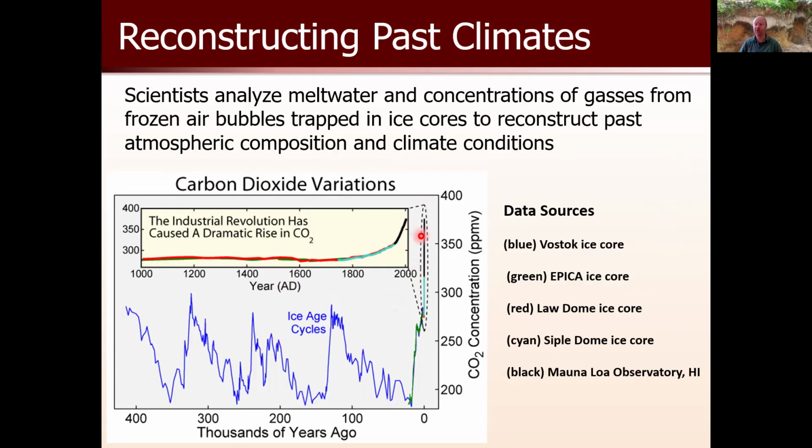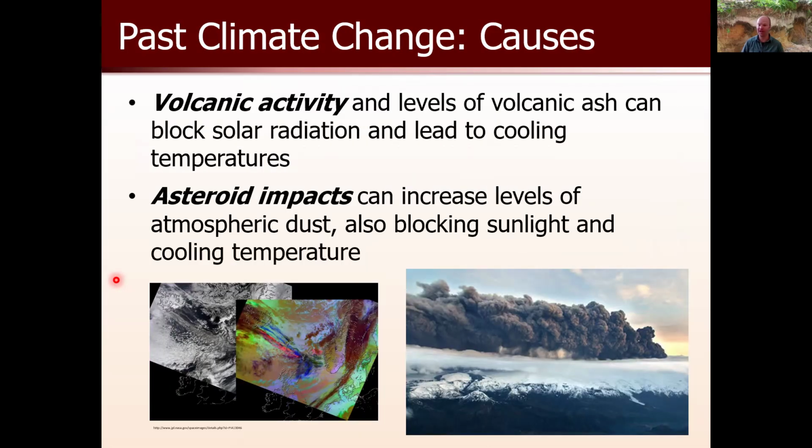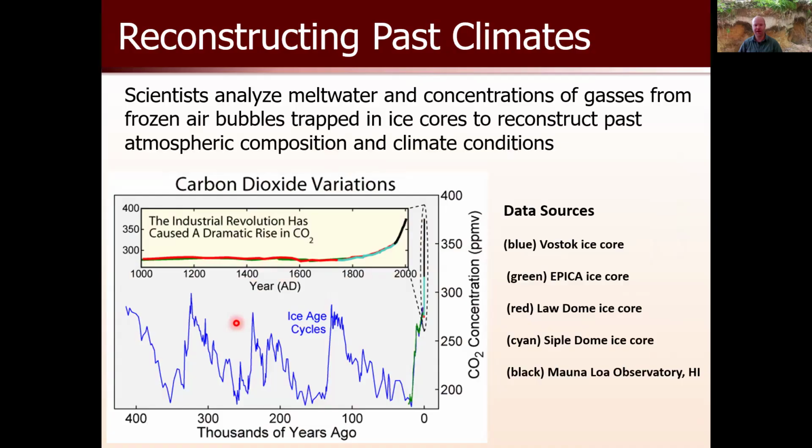And then moreover, by reconstructing, we can compare, and we do understand that our current atmospheric conditions have more carbon dioxide in the atmosphere than at any point in the last 800,000 years. And while some episodic events like asteroid impacts or volcanic activity may have temporarily caused really big differences that may or may not get picked up at some of these time scales, those events can have dramatic climate change.